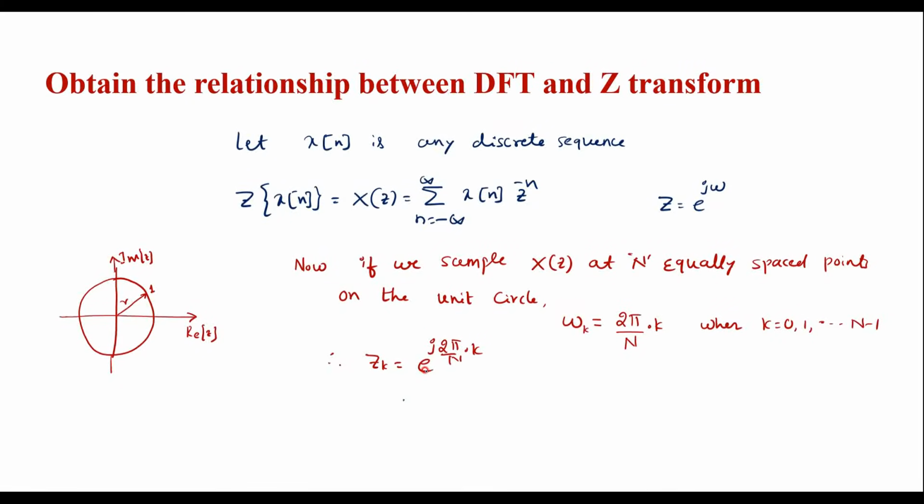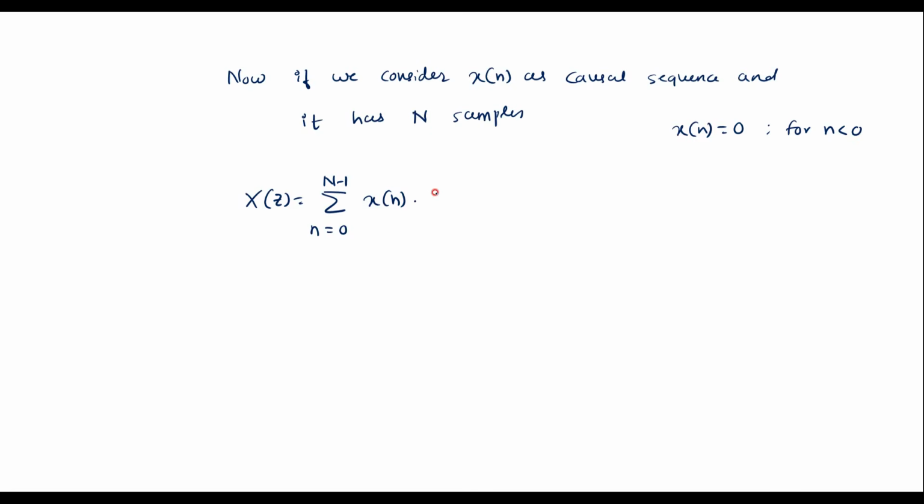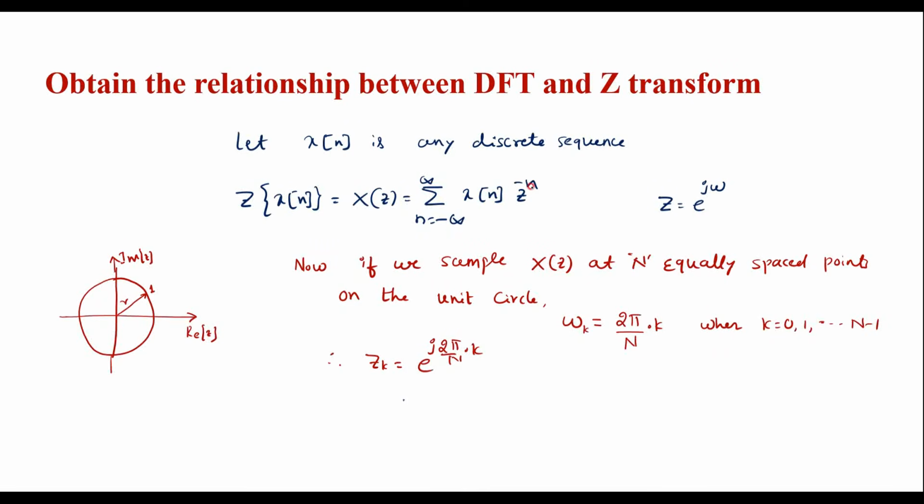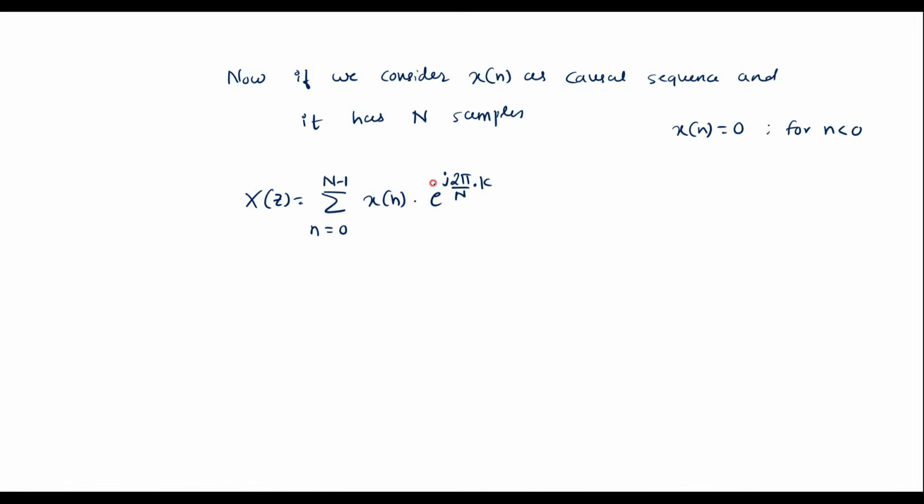Z is nothing but e power j 2 pi by n into k, that is e power j 2 pi by n into k, raised to minus n, that is nothing but minus, it is kn. Now let me call it equation 1.